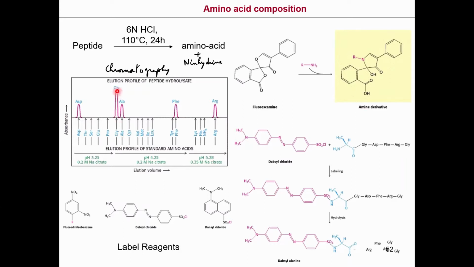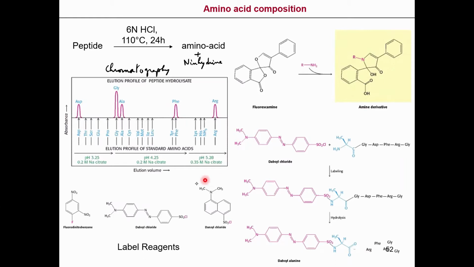So here the absorption of glycine is double that of alanine. So two glycine, one alanine, one phenylalanine, and one arginine. Okay, but you don't know which one is the first one and which one is the last one. It's only the composition.